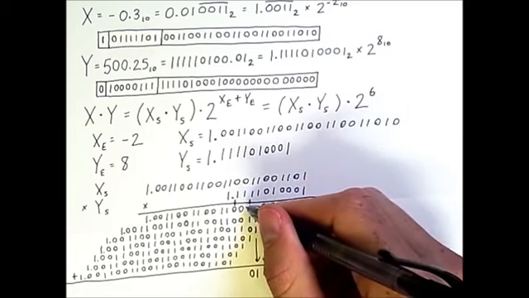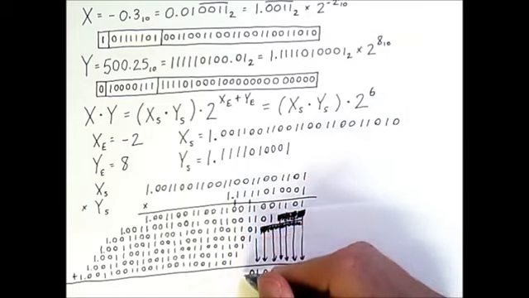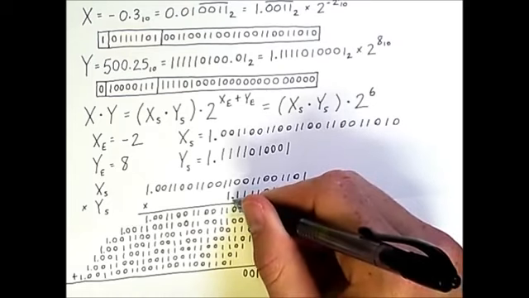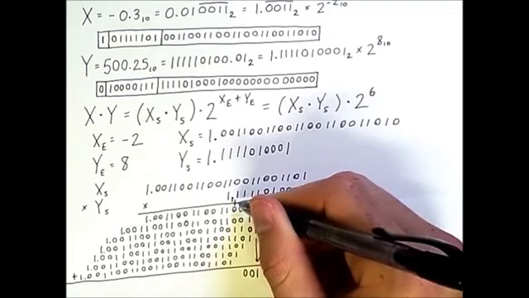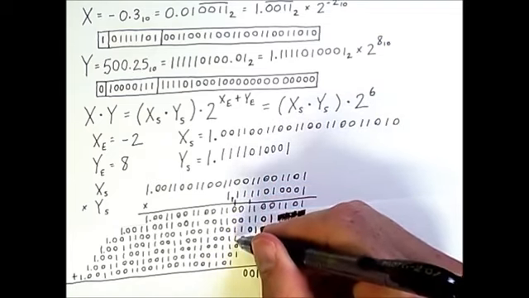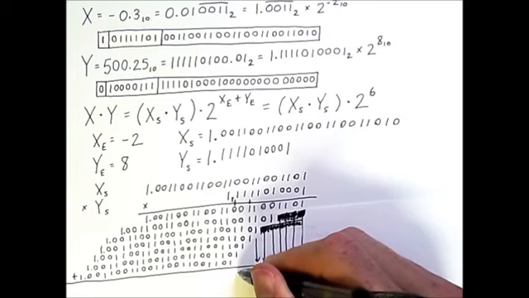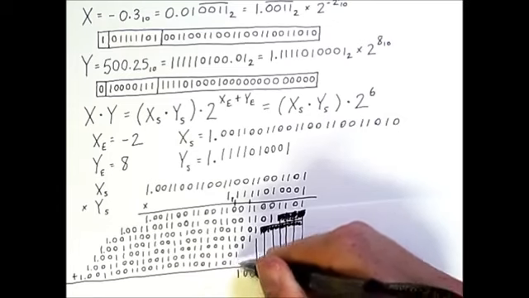So now, adding up this column, we have 1 plus 1 is 2. That is 0 and yet another 1 in this column. So we're adding 1, 2, 3, 4, 5. 5 in binary is 1, 0, 1. So that last one goes here.